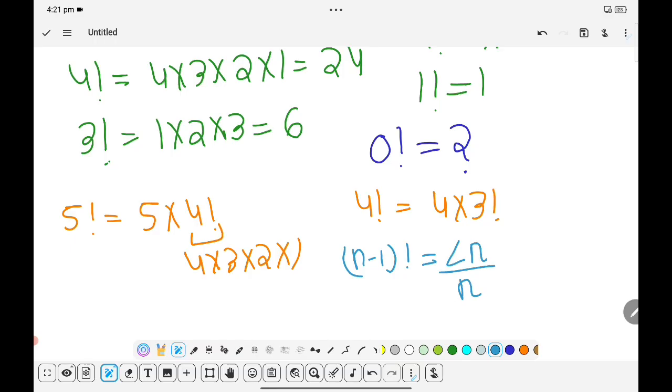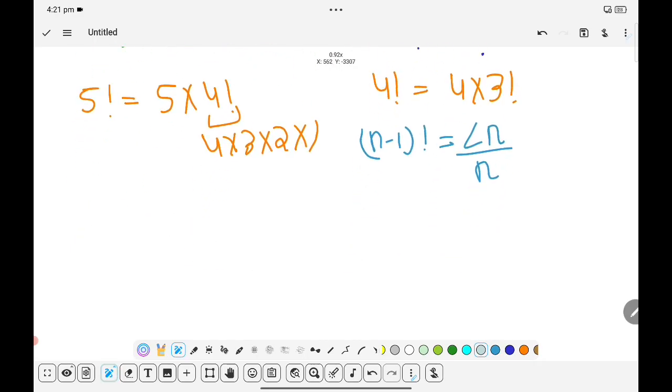For example, suppose I have to find the value of 7 factorial. To make n minus 1 equal to 7, I will put n equal to 8. So I put n equal to 8 to find 7 factorial.